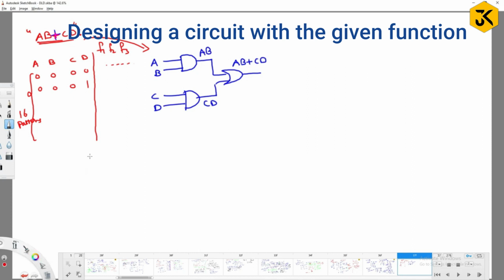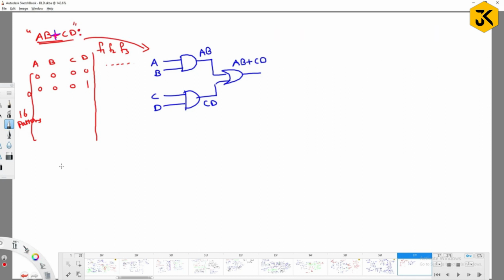For example, let me take one more function: X plus Y into X plus Z. Can we construct the circuit for this? Yes. Try to observe. X as one input, Y as input: OR means I need to use an OR gate.